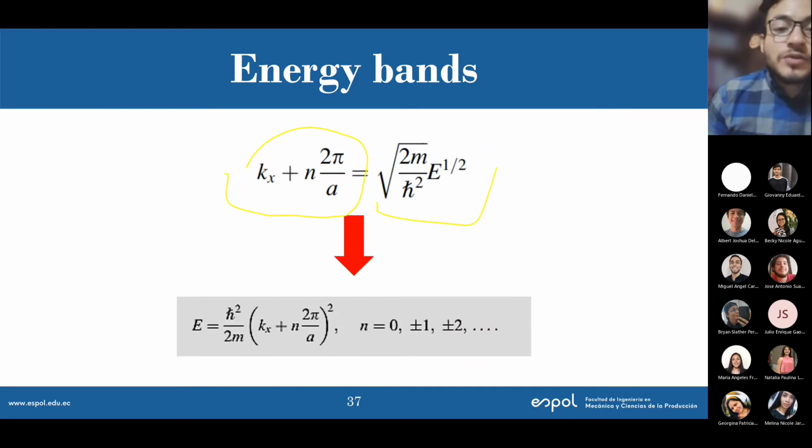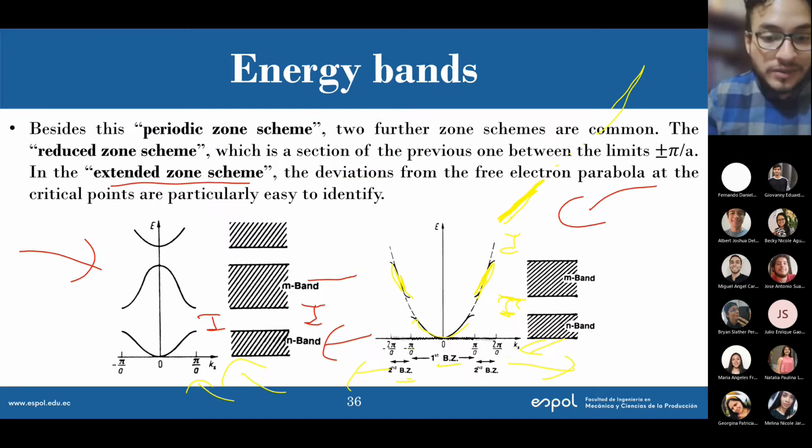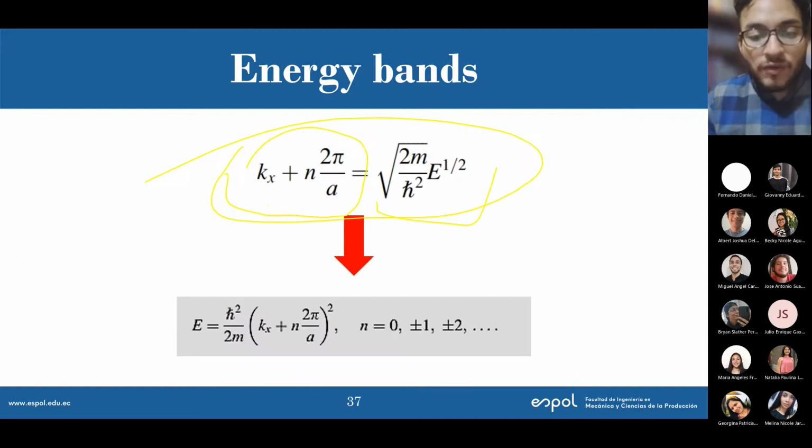So what I am doing here is just solving for E. You can solve this whole equation for E, and you can insert different values of n, right? Because n is just supposed to be an integer, a multiple that keeps defining different critical values of k.